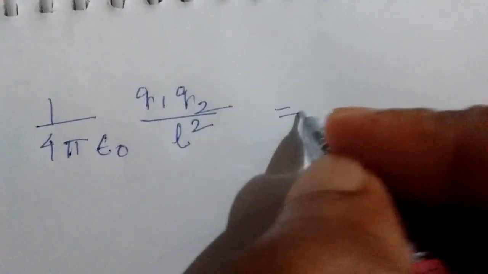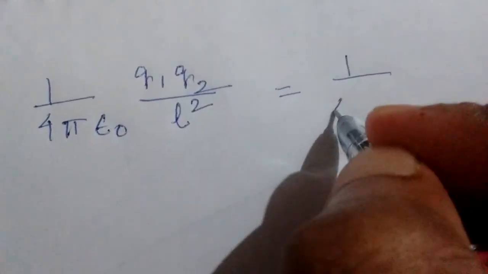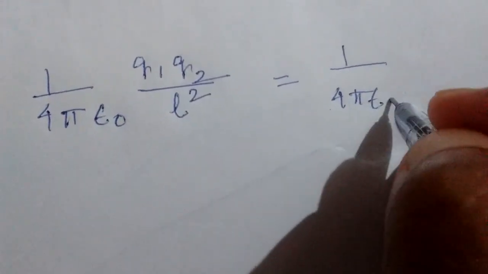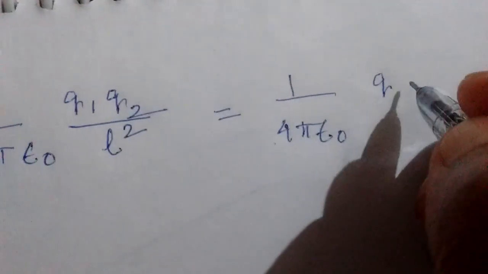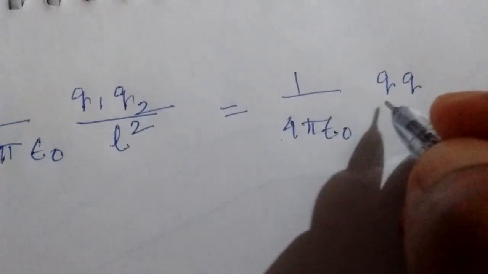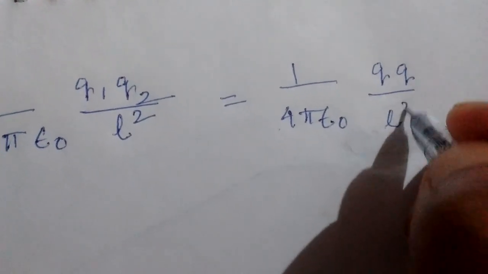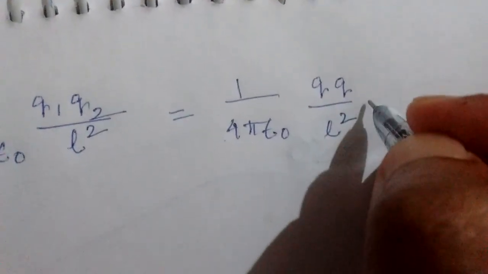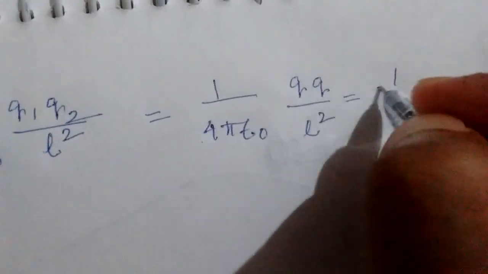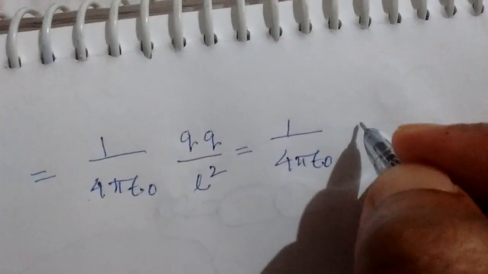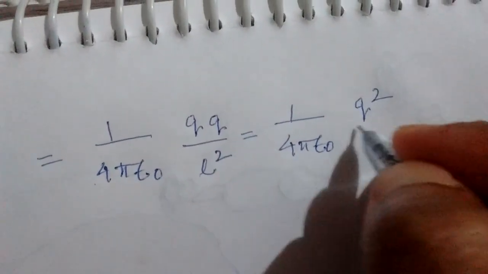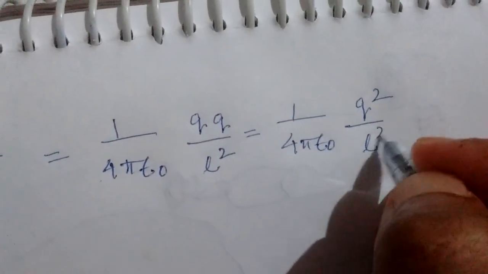If we expand it, it will become 1 by 4 pi epsilon naught, Q1 value is Q, Q2 value is also Q, and it is L square. So it is obviously Q square by 4 pi epsilon naught L square.